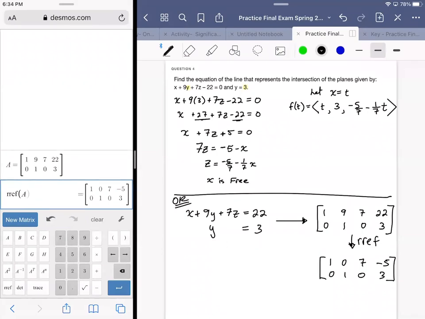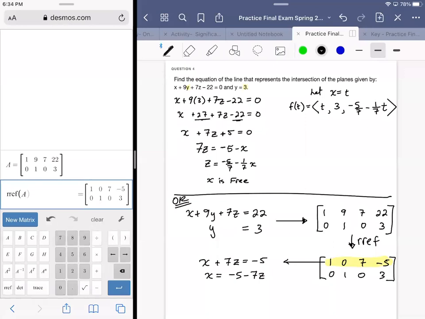But what this is telling us, just based off of that first row, is that x plus 7z is equal to -5, which means that x is equal to -5 minus 7z.